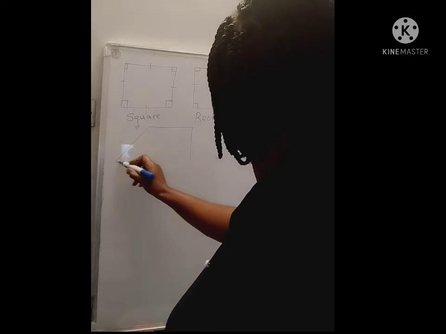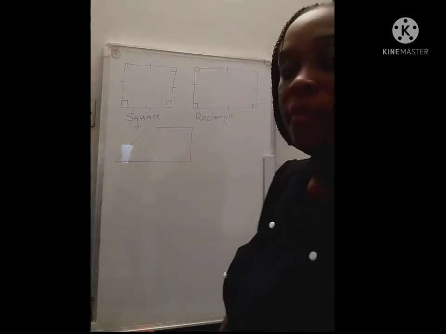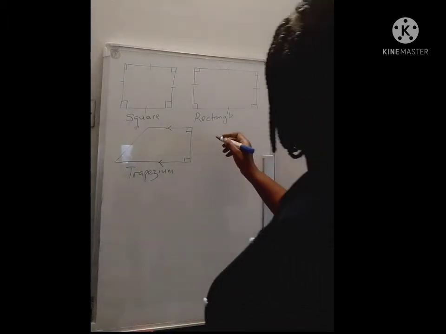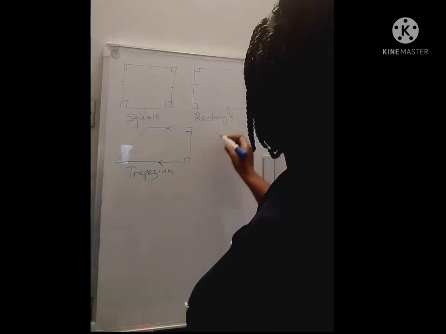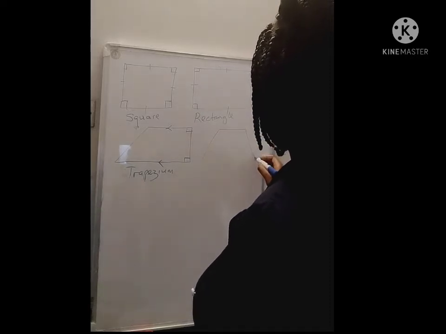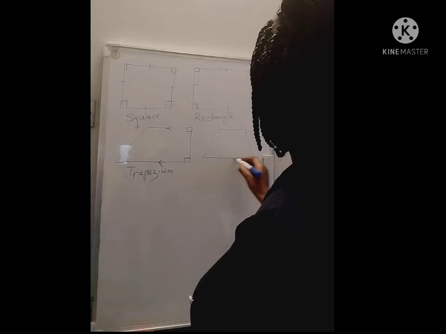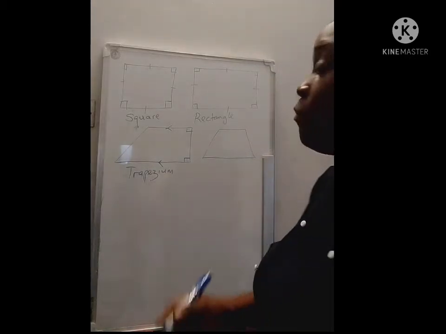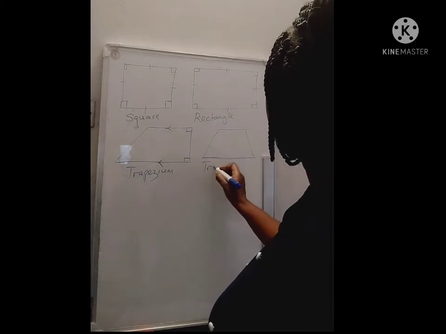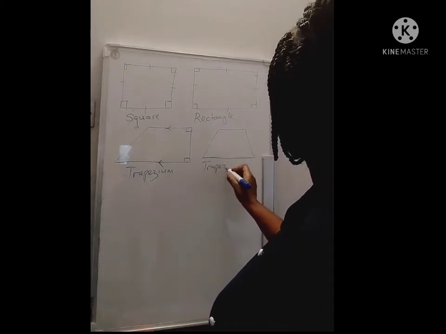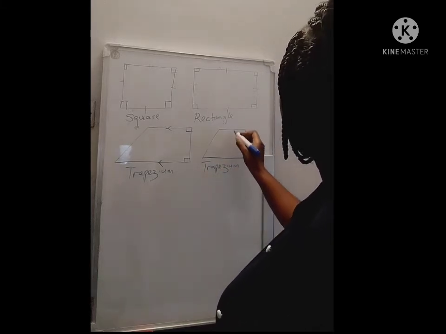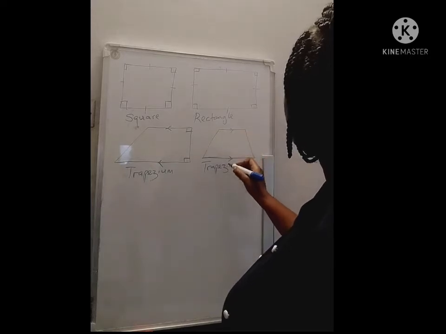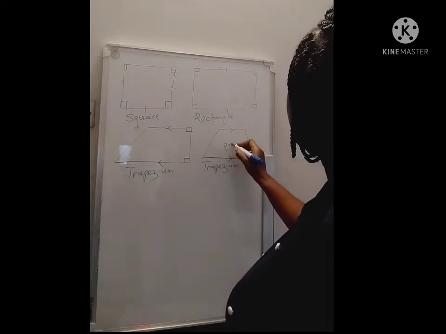A trapezium looks like this. A trapezium could also look like this. The key point of a trapezium is that two of the opposite sides are parallel.